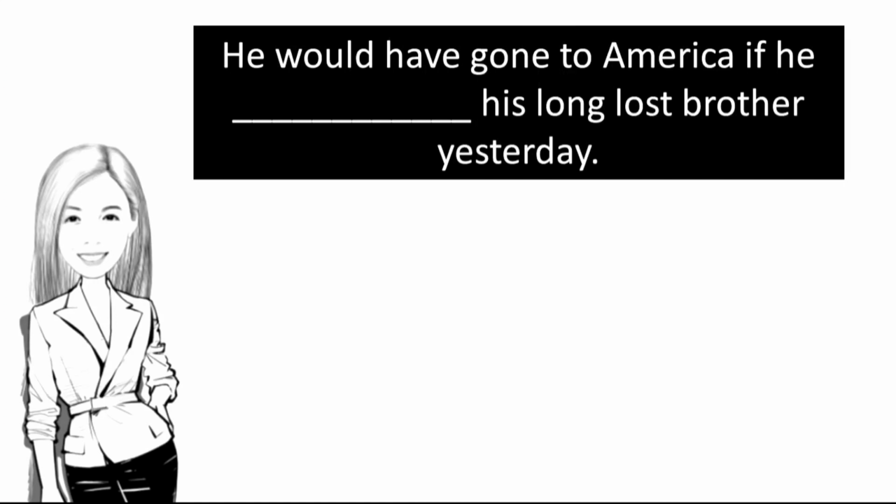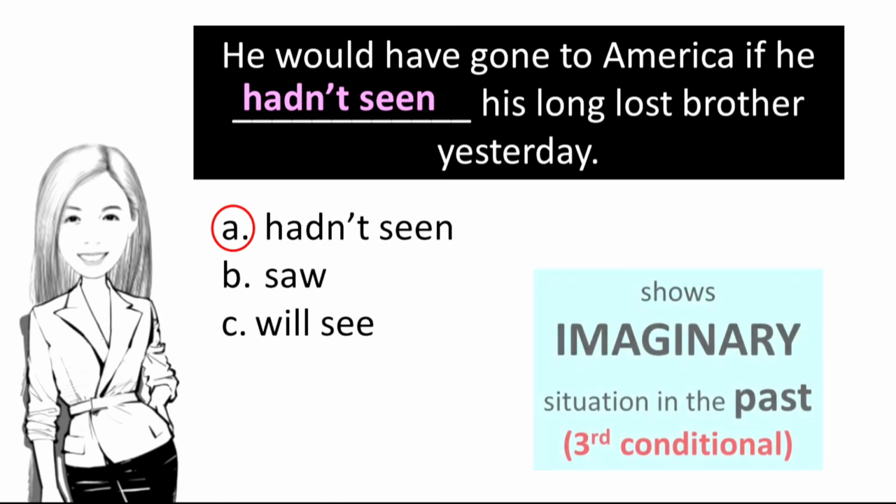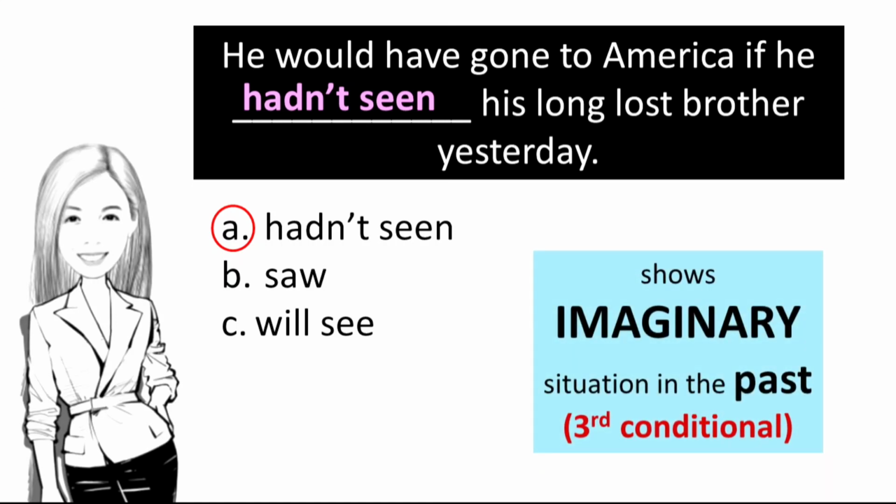Number 4. He would have gone to America if he blanked his long-lost brother yesterday. Is it A, B, or C? Did you answer A, hadn't seen? That's right, because it shows imaginary situation in the past.